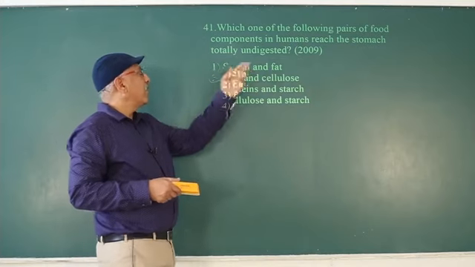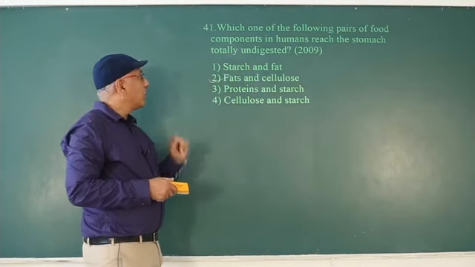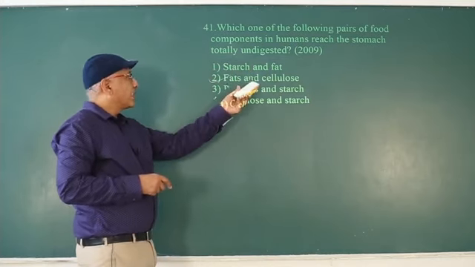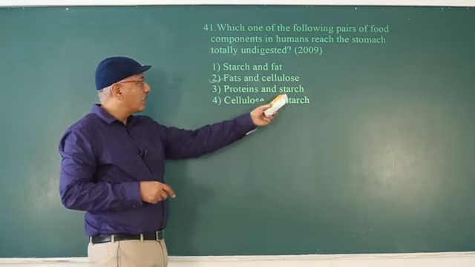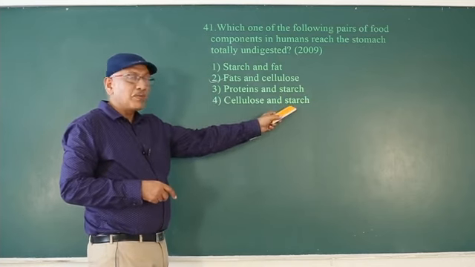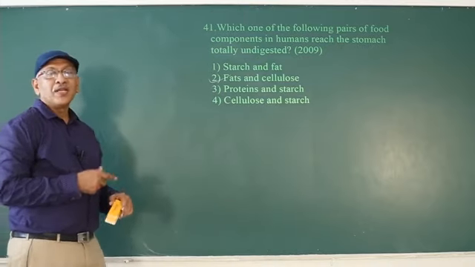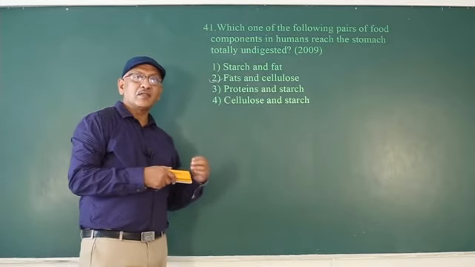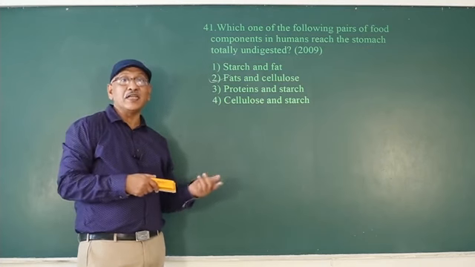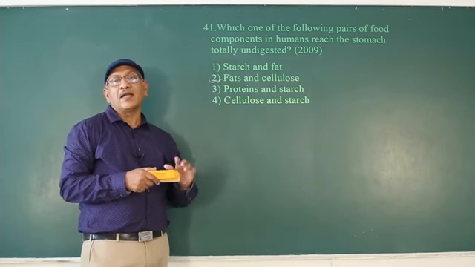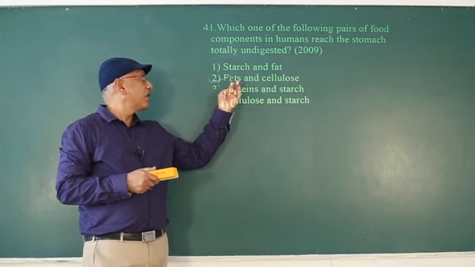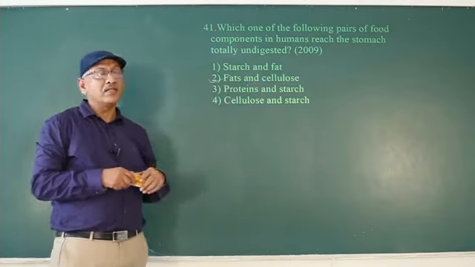So starch and fat, where 30% is digested, is not the first option. The second is correct. Third, protein and starch, 30% of starch is digested, that's why only the second option. No animal has an enzyme that digests cellulose. Cellulase is absent in animals. So that's why fats and cellulose remain undigested.